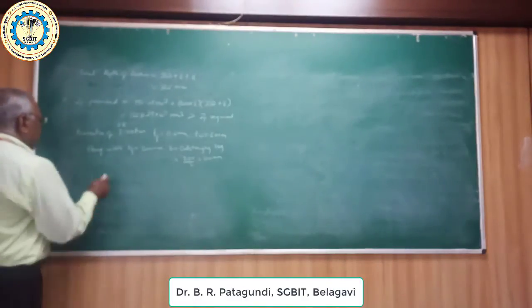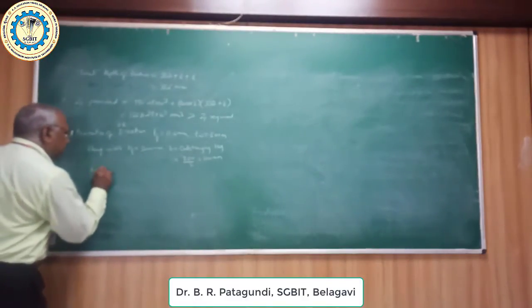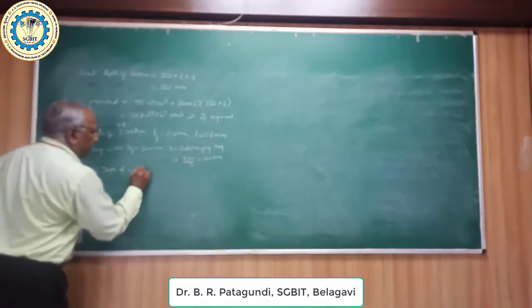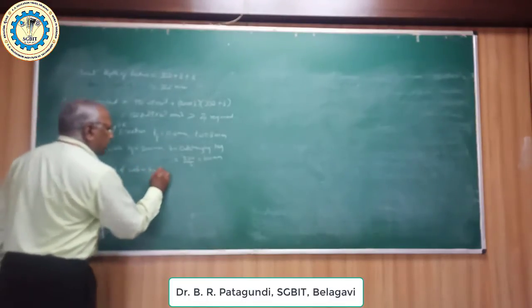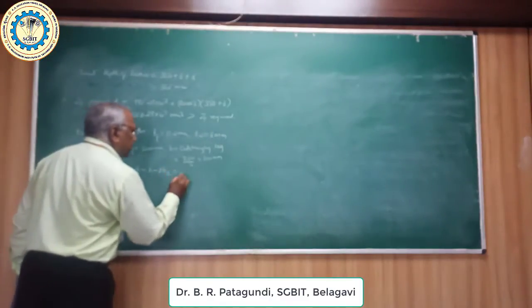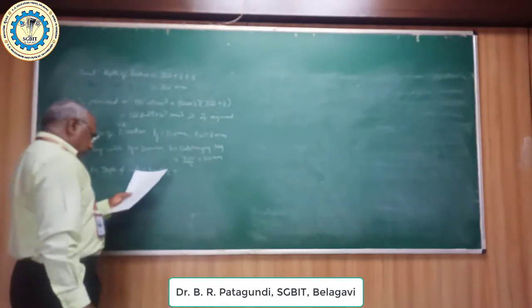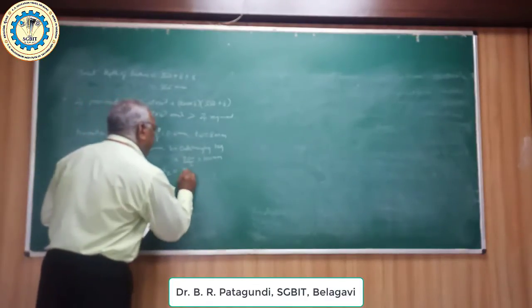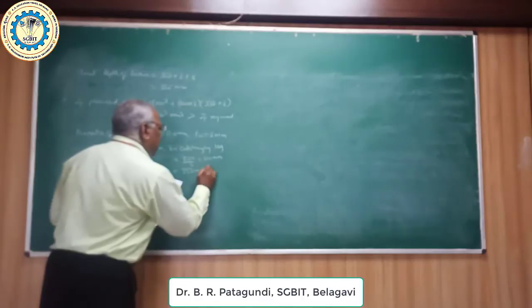Depth of web equal to H minus 2 into H2. So H is 350 minus 2 into H2.